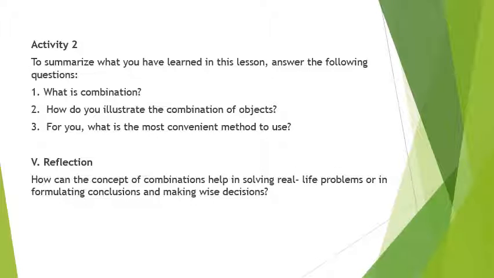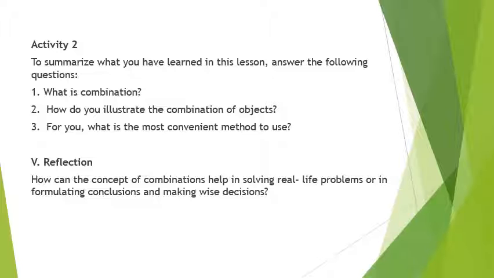Activity 2. To summarize what you have learned in this lesson, answer the following questions. Number 1, what is combination? Number 2, how do you illustrate the combination of objects? Number 3, for you, what is the most convenient method to use? Thus, with the help of the lecture cum demonstration method, the students' power of observation and reasoning are also exercised.